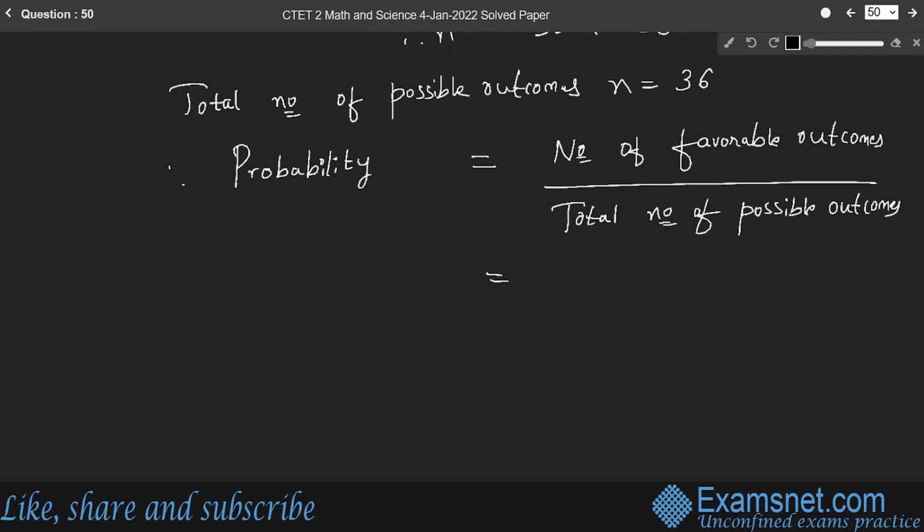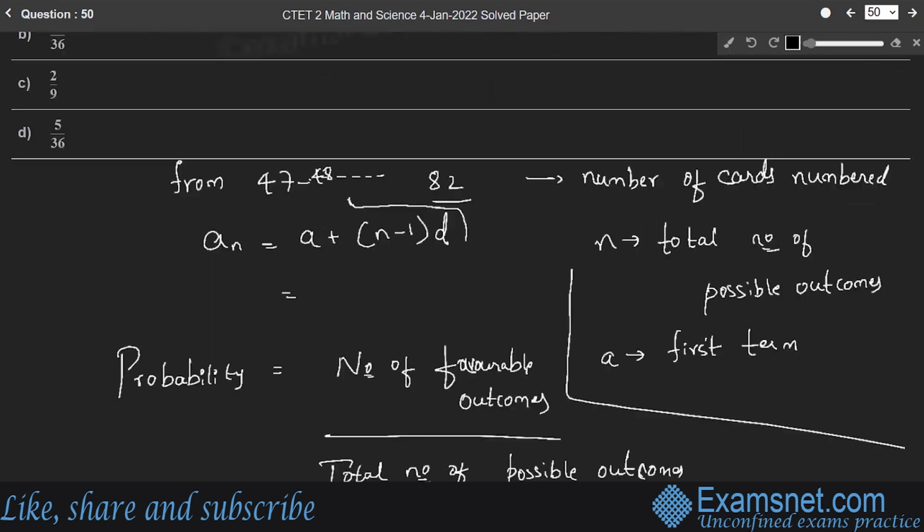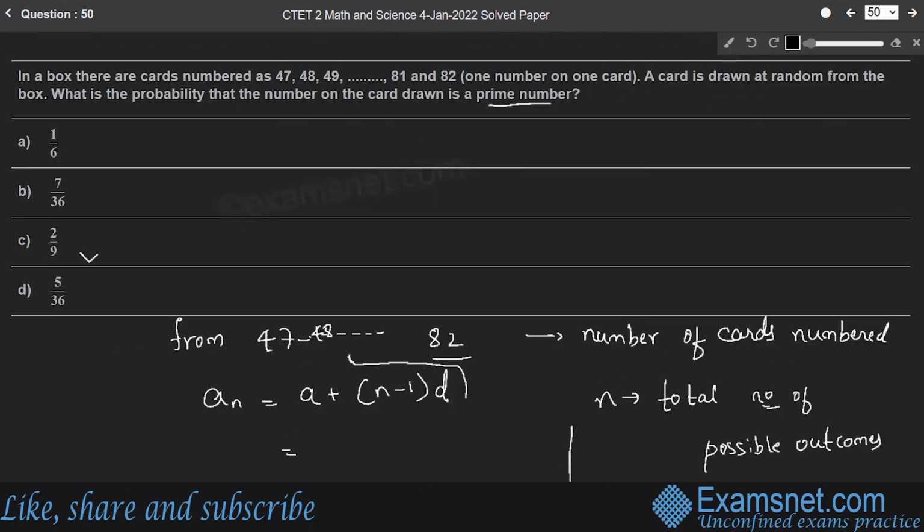So number of favorable outcomes is equal to 8, that is the number of prime numbers from 47 to 82, right? Divided by total number of possible outcomes is equal to 36, which is 2 by 9. Probability is equal to 2 by 9. Therefore, the correct answer is option C.